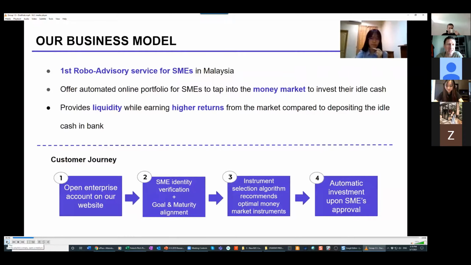Because you're recording this, it's not live, then it doesn't need to happen. Do-It Hub will be the first robo-advisory service for SMEs in Malaysia. We offer automated online portfolios for SMEs to tap into the money market to invest their idle cash. And just from a consulting point of view, what do you think about this PowerPoint slide? Class, what do you think?